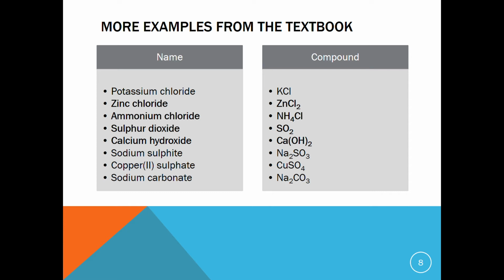Potassium chloride, zinc chloride, ammonium chloride, sulfur dioxide, calcium hydroxide, sodium sulfide, copper 2 sulfate, as copper is a transition metal and forms various cations. We must include Roman numeral 2 to specify its charge. The last one, sodium carbonate.